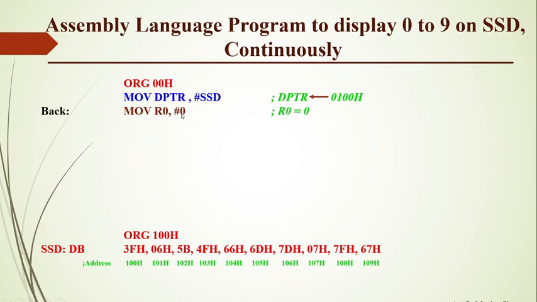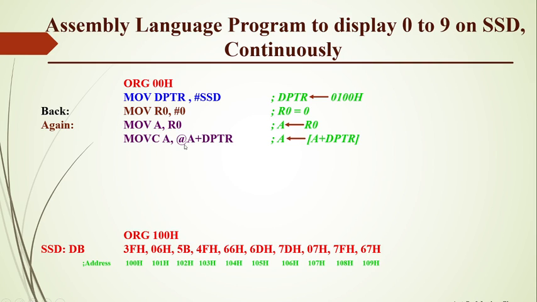Here we are using R0 as a counter and we are loading the initial count into this register, so R0 is equal to 0. In the instruction MOV A, R0, we are loading the value of R0 into the accumulator. As the content of R0 is 0, the content of the accumulator will be 0.